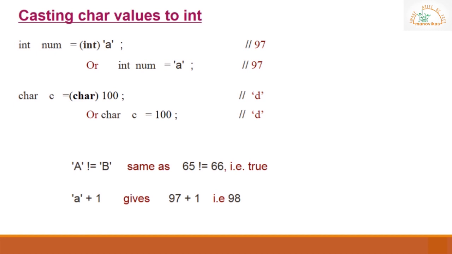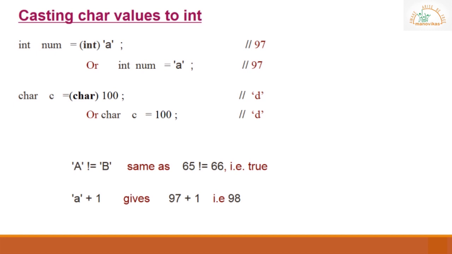For example, uppercase A is compared with uppercase B. I'm checking uppercase A not equal to uppercase B. In this case, the Unicode of uppercase A will be compared with the Unicode of uppercase B. The Unicode of uppercase A is 65 and uppercase B is 66. So this is same as 65 not equal to 66. Everybody knows the statement is true. So your output will be true.